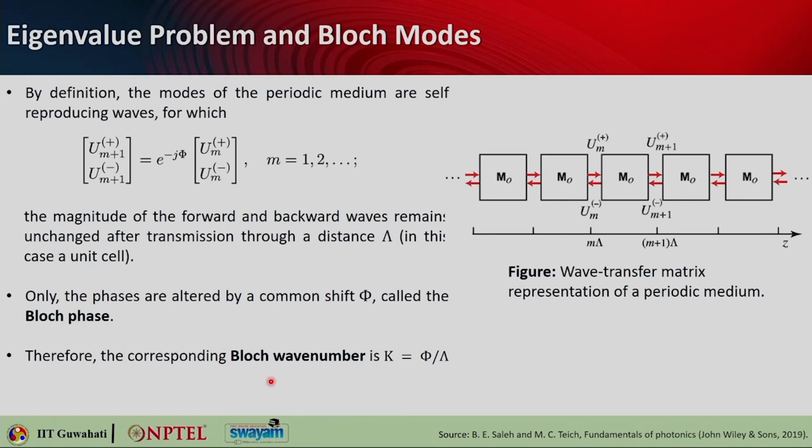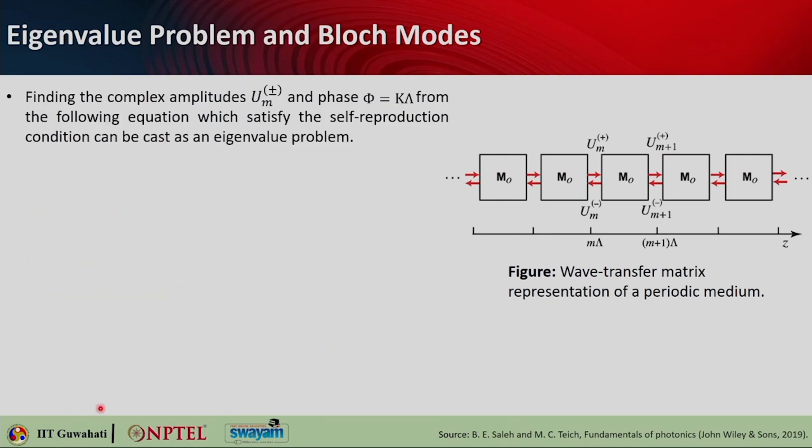There is a corresponding Bloch wave number defined as capital K, given by phi over capital lambda. So, obviously the Bloch phase phi turns out to be K capital lambda.